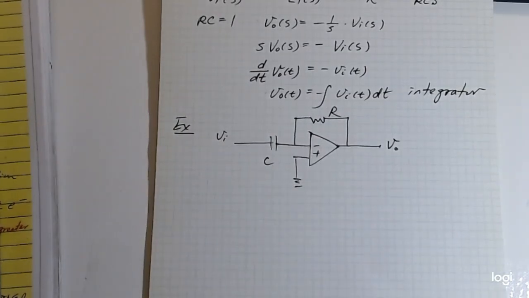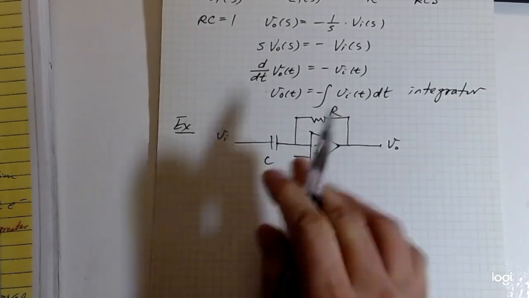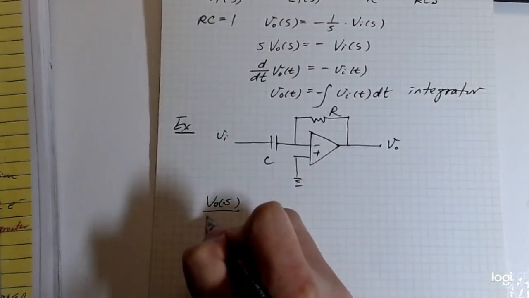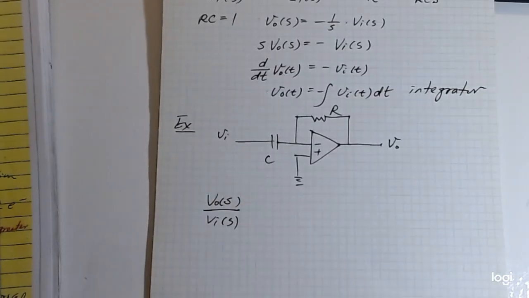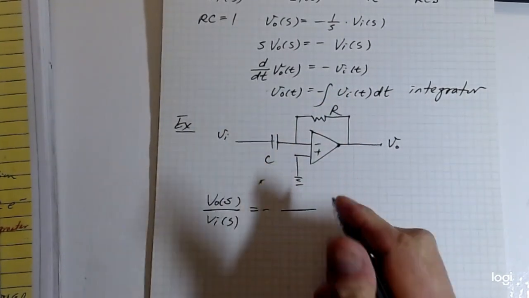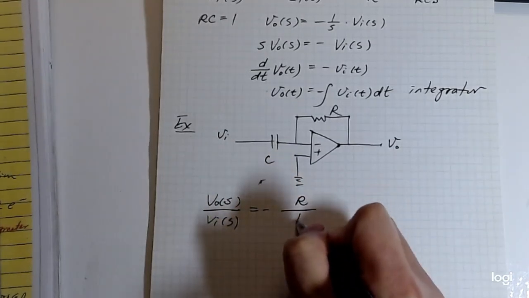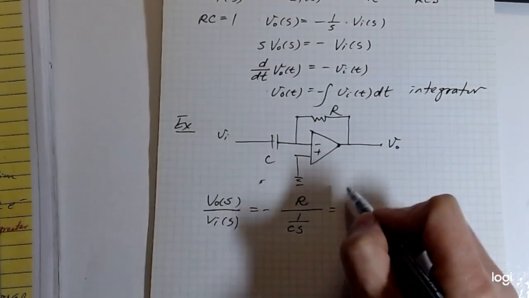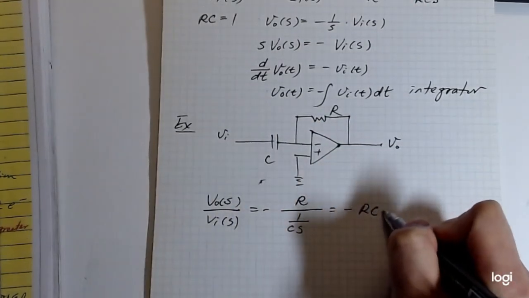Same thing: output in the Laplace domain over input should be minus Z2 over Z1. In this case it would be R over 1 over CS, flipped, so it should be minus RCS.